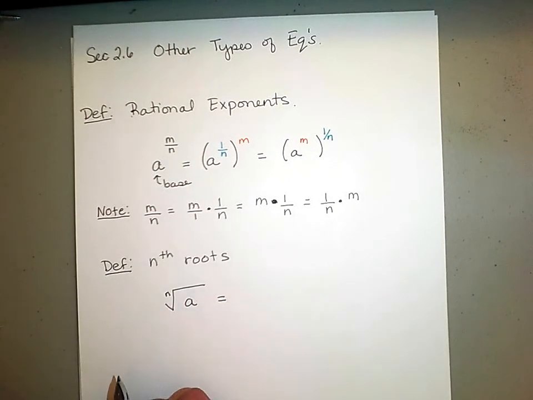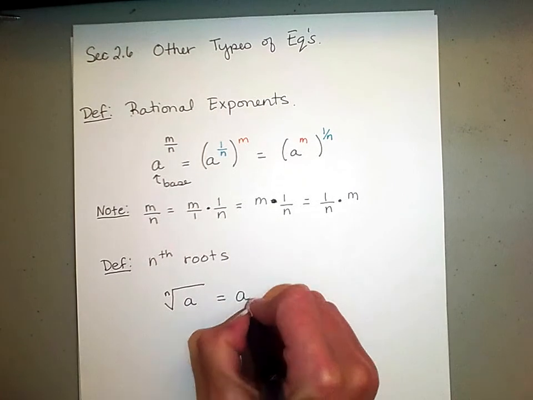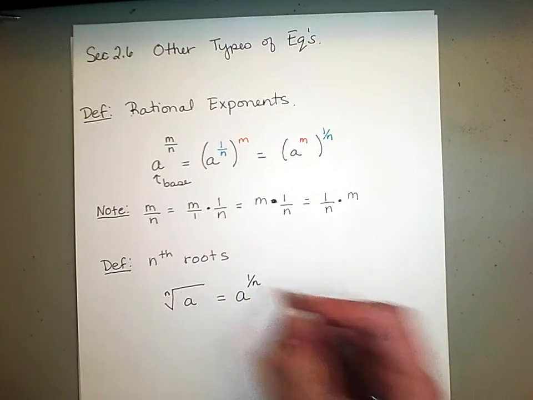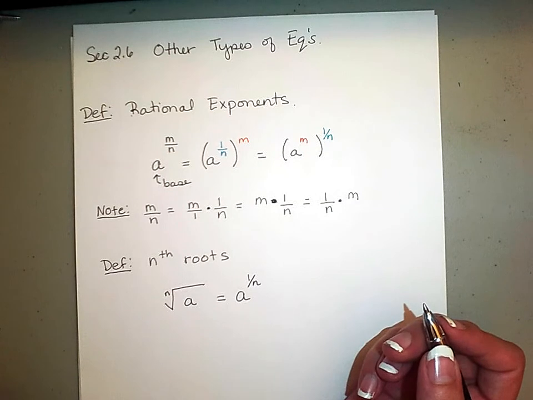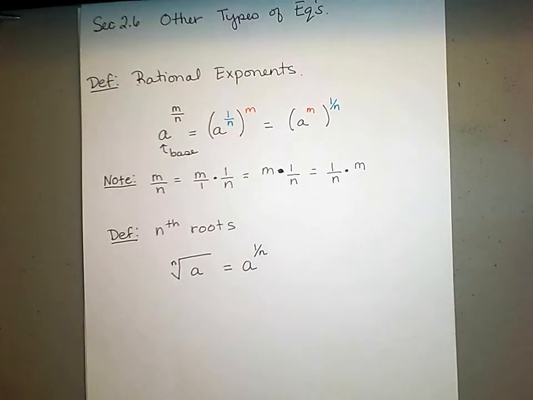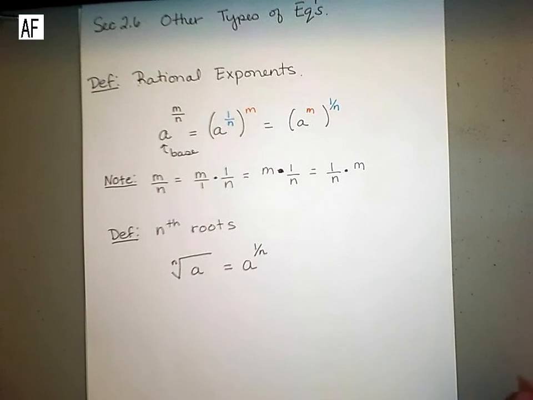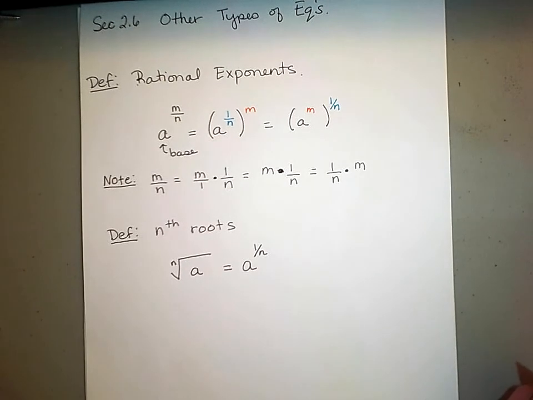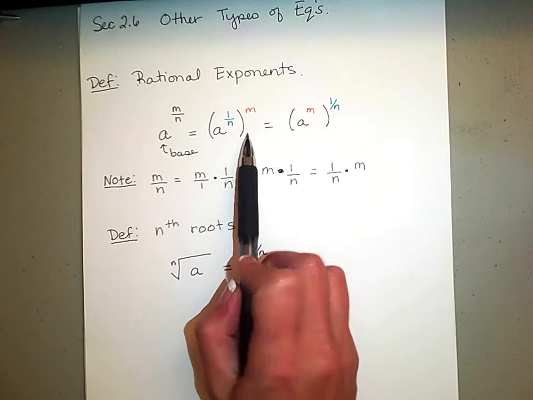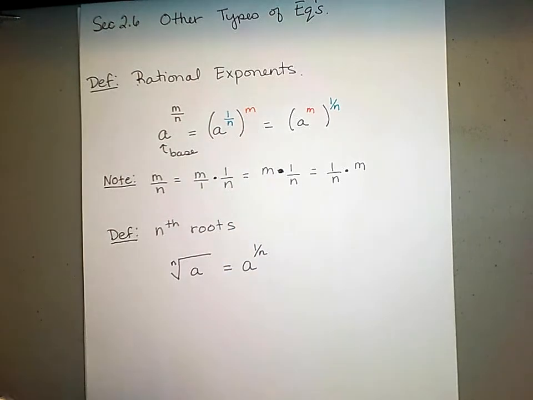This is written in radical form, but we could write it as a rational exponent as 1 over n. So how that helps with our rational exponents is sometimes it's going to be easier to deal with the rational exponent, and sometimes it'll be easier to deal with the root.